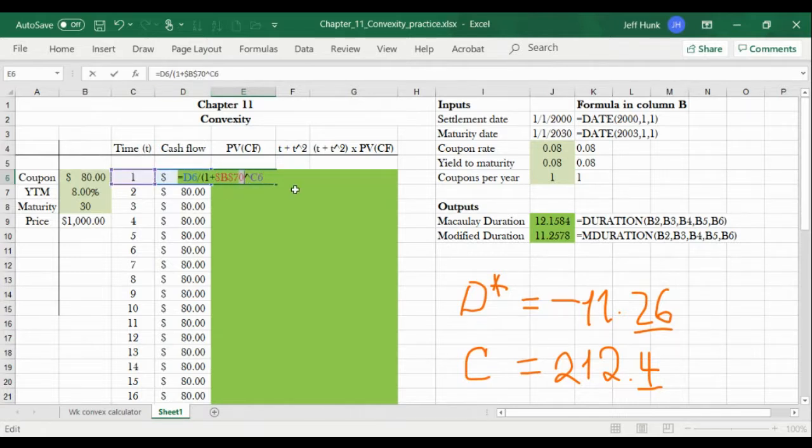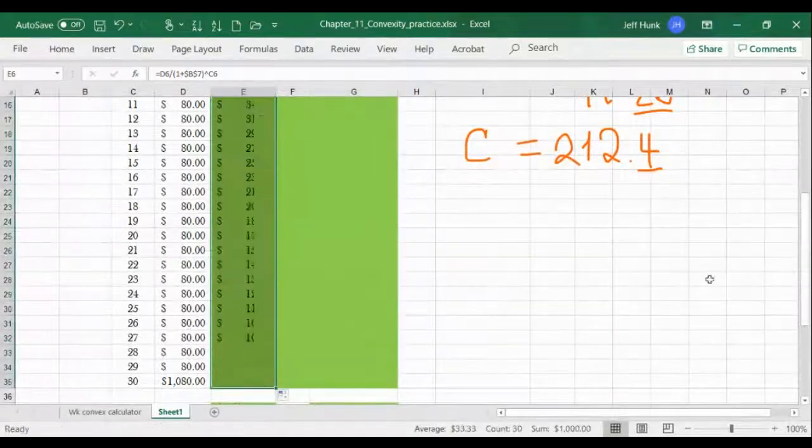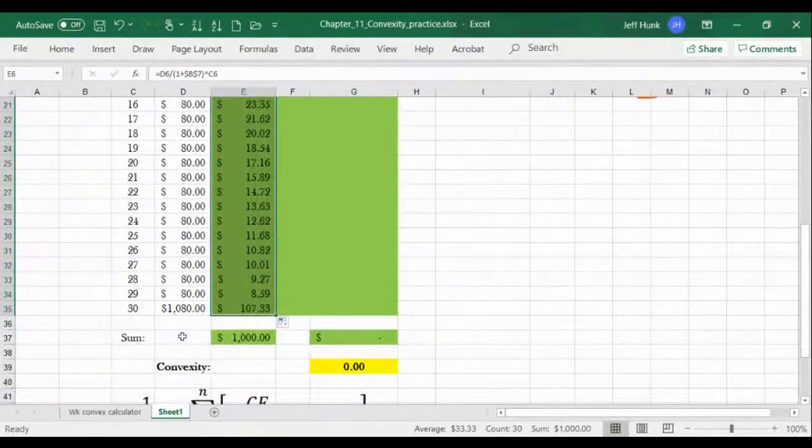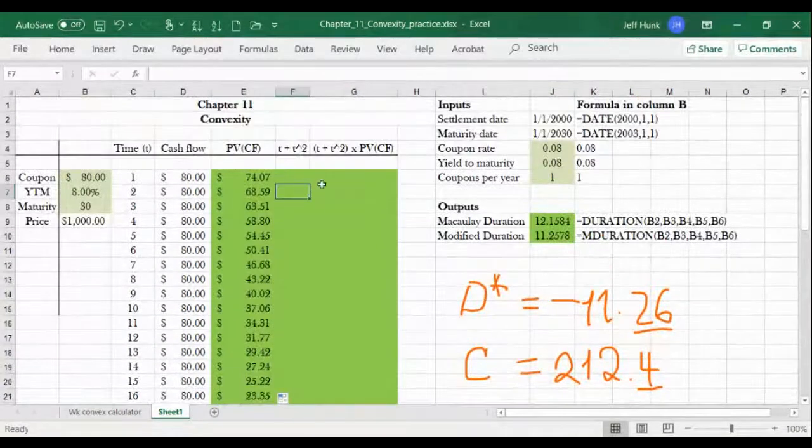And I drag it down. Okay, and here I already entered auto sum, so I'm just going to do that. And this t plus t squared, simply not a difficult thing.